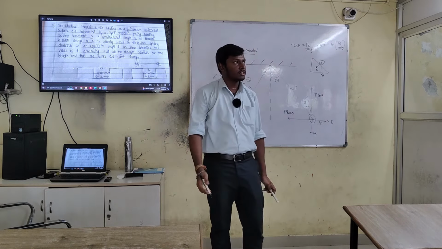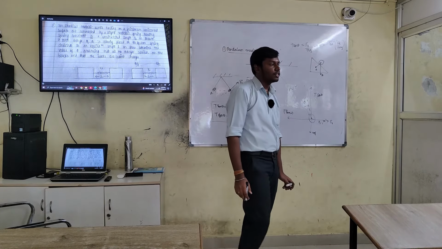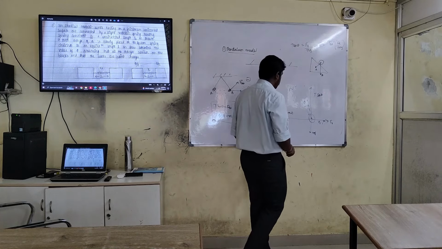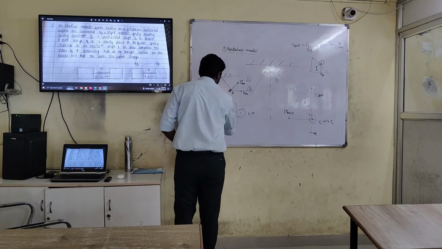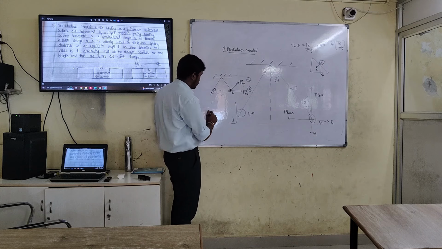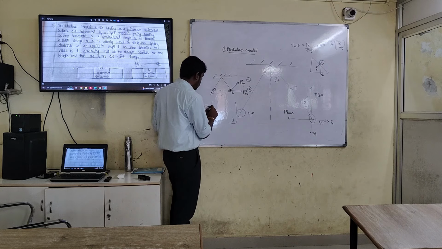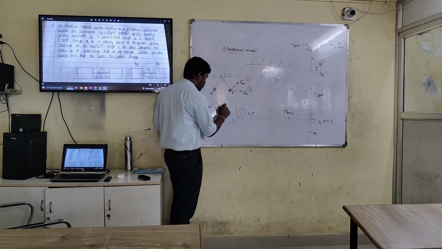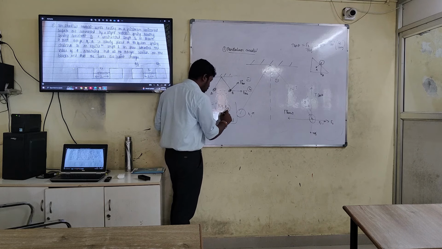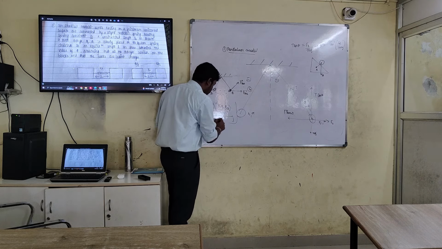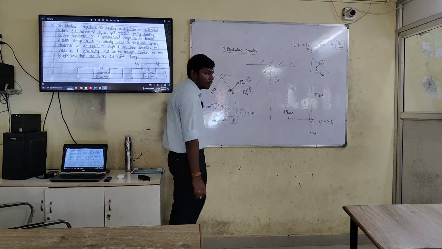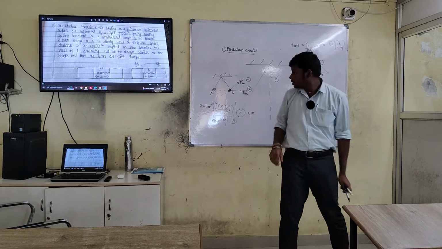Coulomb's force, F is equal to K Q1 Q2 by R square. So can I write theta is equal to tan inverse of K Q1 Q2 by R square divided by mg? Yes or no?